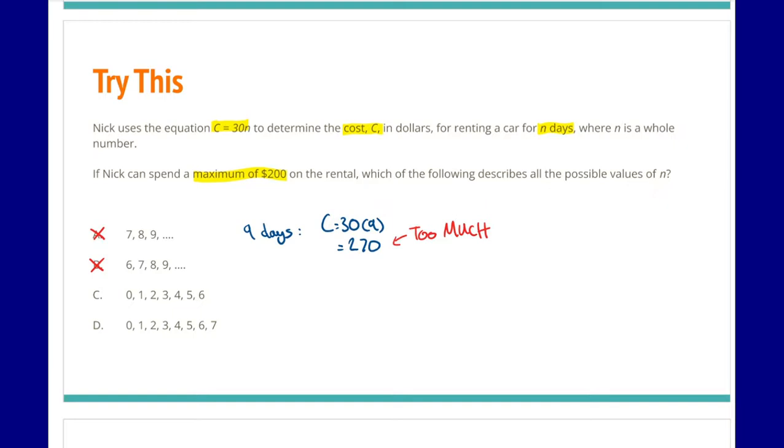Let's look at something else. If I look at C and D, I have a list of possible options for days: 1, 2, 3, 4, 5, 6, and then D has 7. So the only difference in D is 7. So let's see if 7 days works, because if 7 days works, then D would be all the possible values.